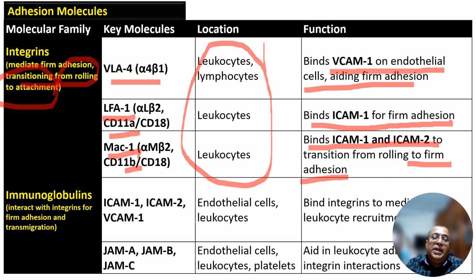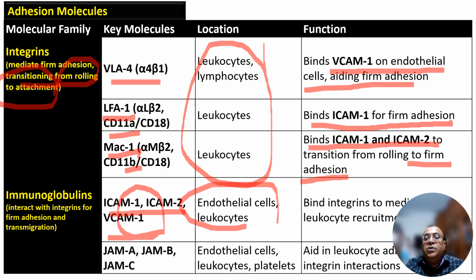Immunoglobulins also play their part, and they interact with integrin for the firm adhesion and transmigration. ICAM1, ICAM2, and VCAM1 are the immunoglobulins that are expressed on endothelium and leukocyte, and they bind integrin to mediate the leukocyte recruitment.